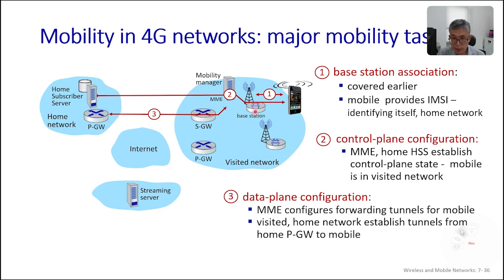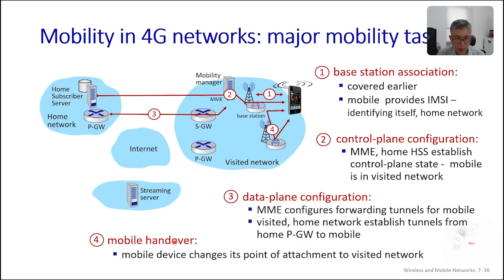So between the mobile node, the UE, and the base station there is direct communication, but the base station and S gateway make a GTP tunnel, and in the home network case a GTP tunnel is also required. So the MME configures forwarding tunnels for the mobile device, like a smartphone. The visited and home networks establish tunnels from the home P gateway to the mobile.